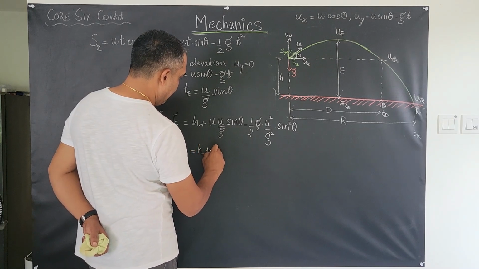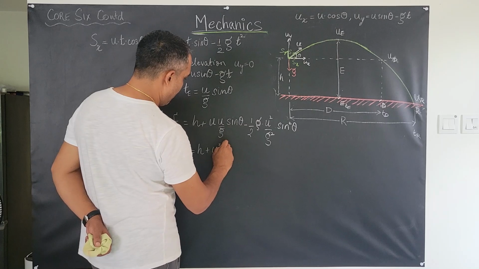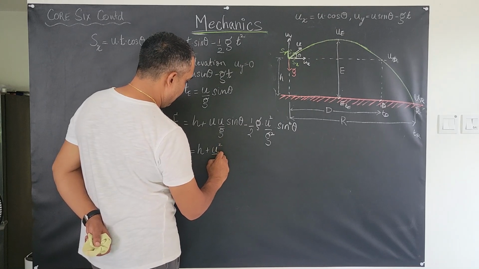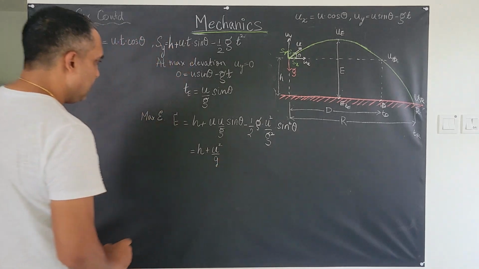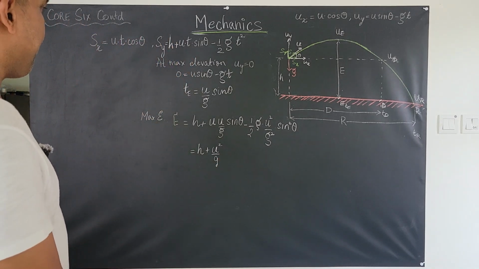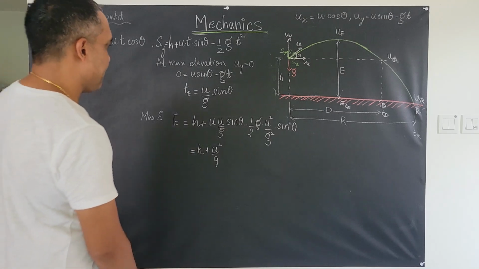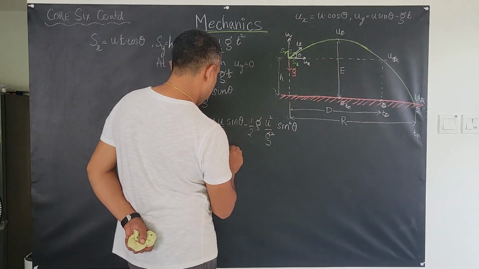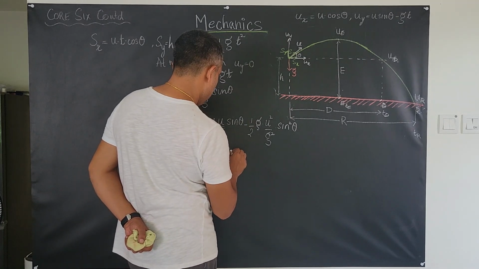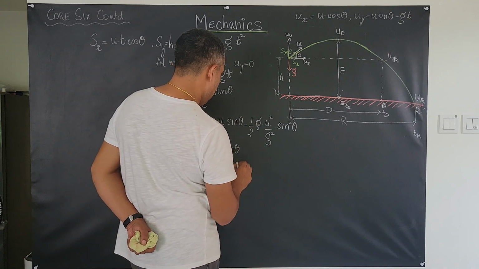So I have this U square by G. Am I getting it right? Sine theta.